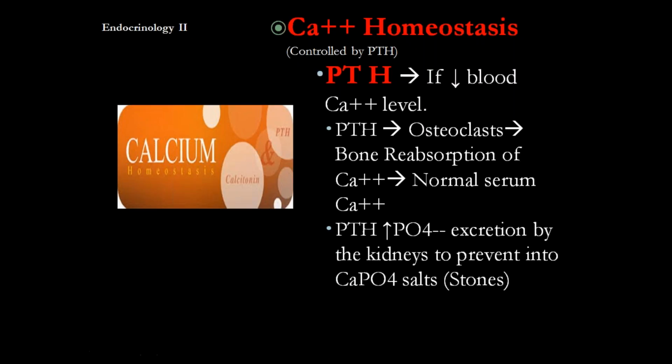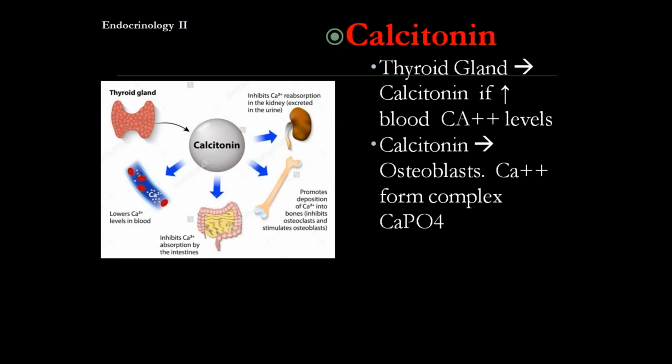Normal value of calcium is 8.5 to 10 milligrams per deciliter. Calcium participates mostly in neurotransmission, smooth muscle contraction, skeletal muscle contraction, and cardiac muscle contraction.